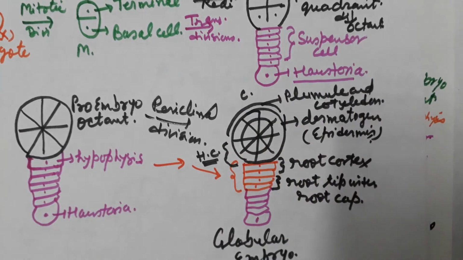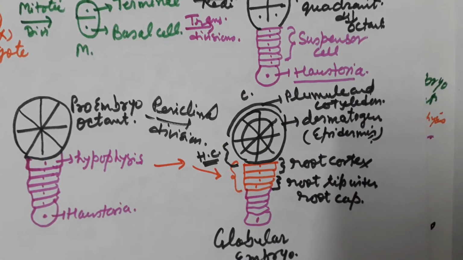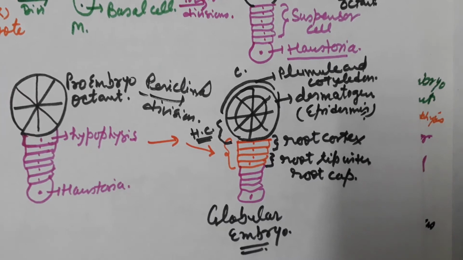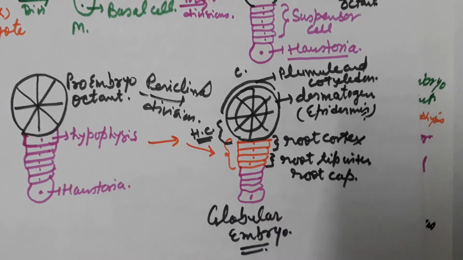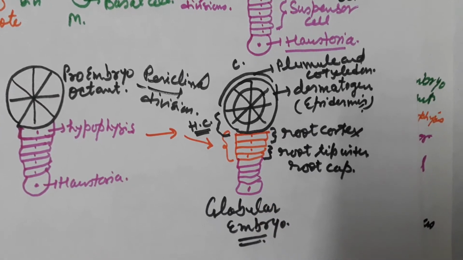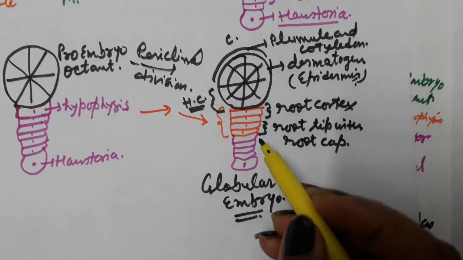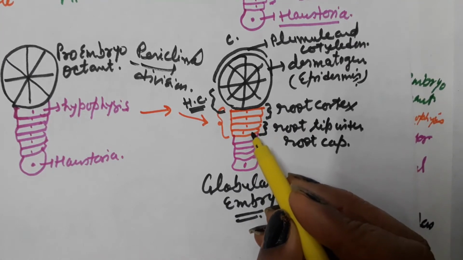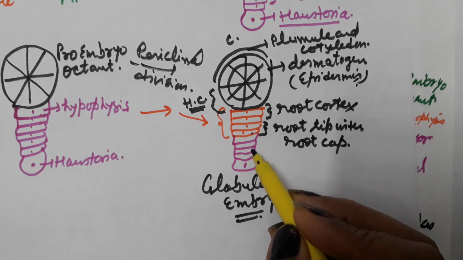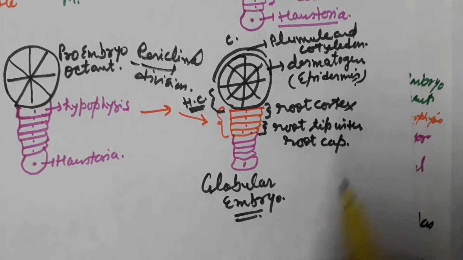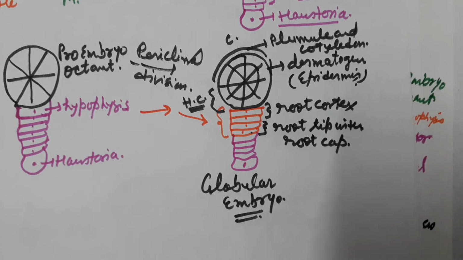When differentiation of all these takes place, the shape of the embryo changes and it becomes heart-shaped. First the globular embryo is produced and now it is converted into a heart-shaped embryo. How does it convert? As we saw here, the lowermost 4 cells of the hypophysis, which are present towards the suspensor cells, give rise to the root tip and root cap.